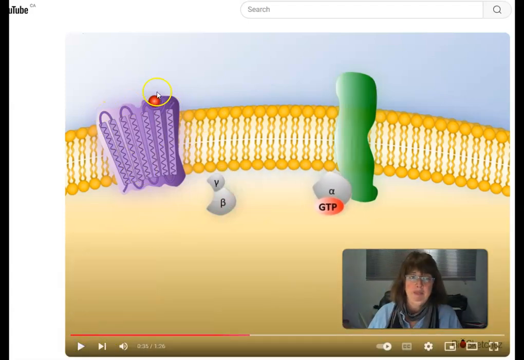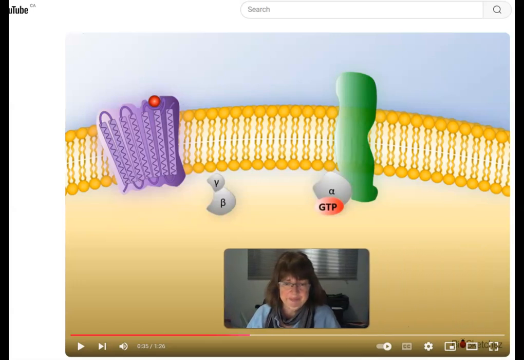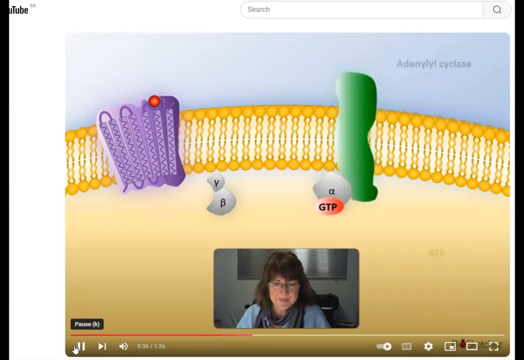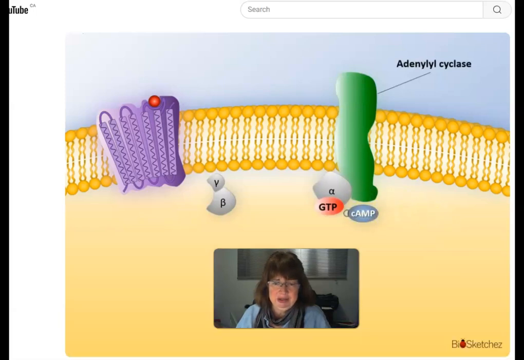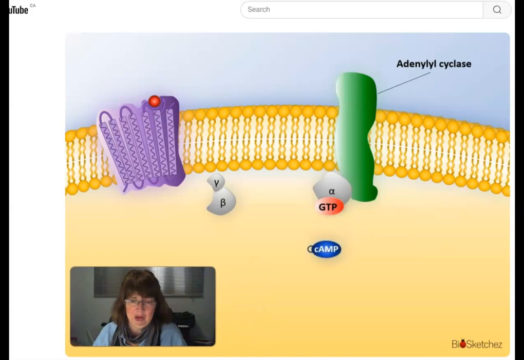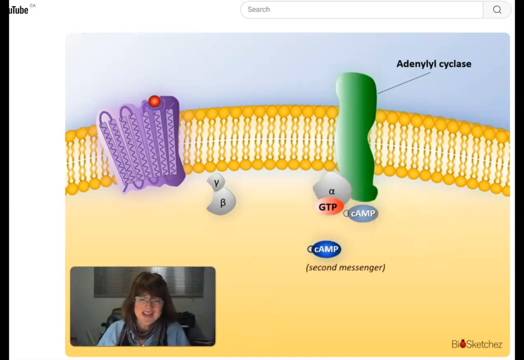The hormone bound to the receptor, and the receptor causes this messenger system. It's kind of like passing a baton in a relay race. This will send the message to this, which sends the message, which activates the green blob. Then the green blob will use ATP and make another chemical, which then activates the second messenger, which will then cause something else to happen.